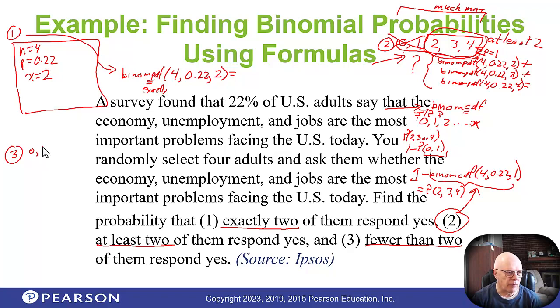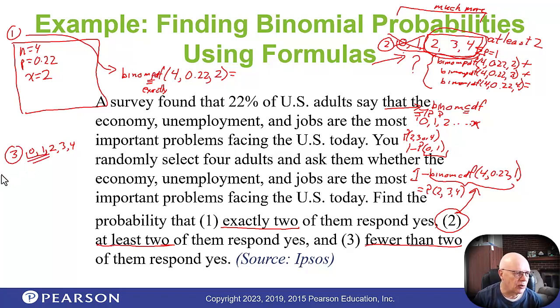We asked 4 people, so we could get 0 results, 1, 2, 3, or 4. This time we want fewer than 2. Notice that these probabilities start at the bottom at 0 and go up to 1. So that's exactly how binomial CDF works.